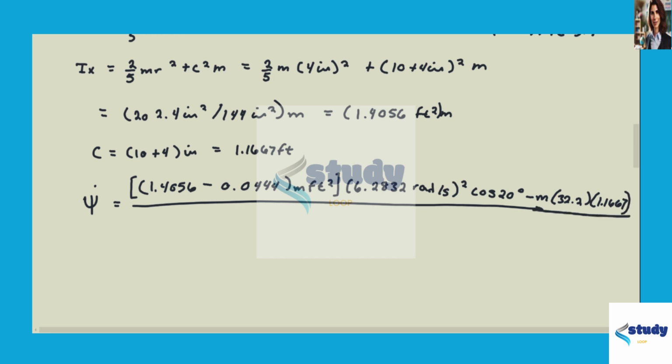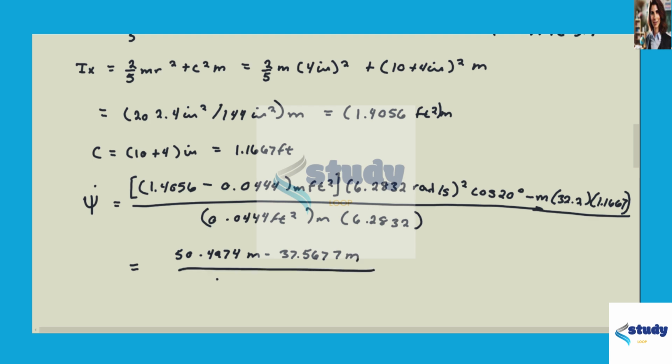Okay, now divided by 0.0444 feet squared m times 6.2832, and here we have 50.4974 m minus 37.5677 m divided by 0.2789 m.